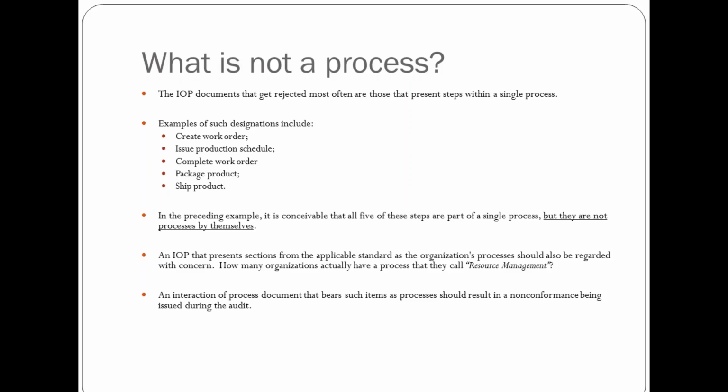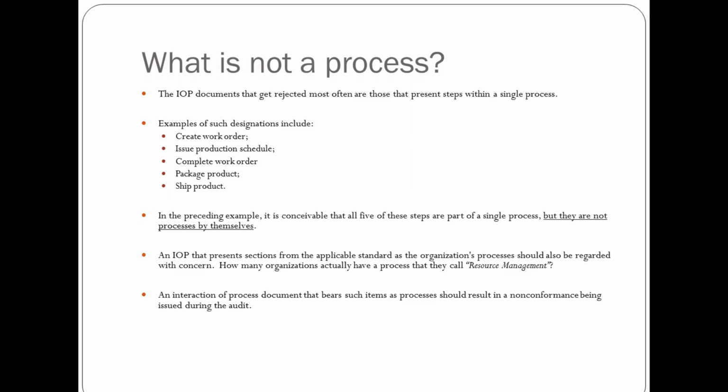Another concern is if we have an IOP that presents sections from the applicable standard as the organization's processes. That's also going to be regarded with concern. Because if you think about it, how many organizations have a process that they call resource management or product realization? Those are titles from the ISO 9001 standard. Those are not necessarily your processes, nor should they be.